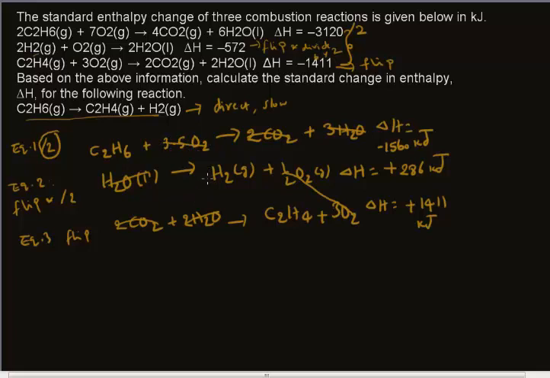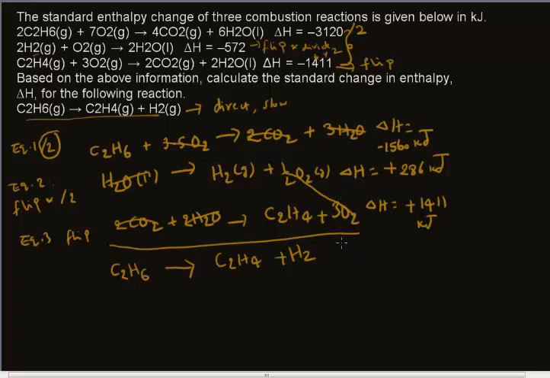Now let's add these three equations, whatever is remaining. We have C2H6 left on the left hand side, nothing else. We have cancelled out the identical terms, and we have just C2H4 from here, and H2 from here. So essentially we derived exactly the same equation by manipulating and adding these three equations.